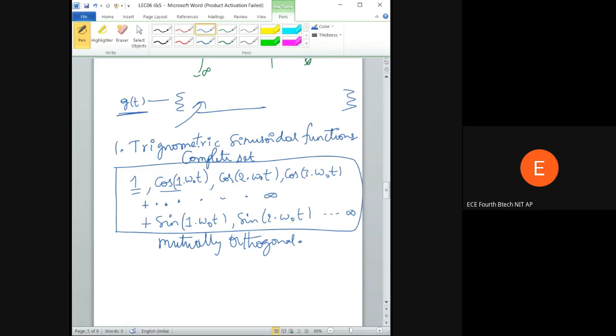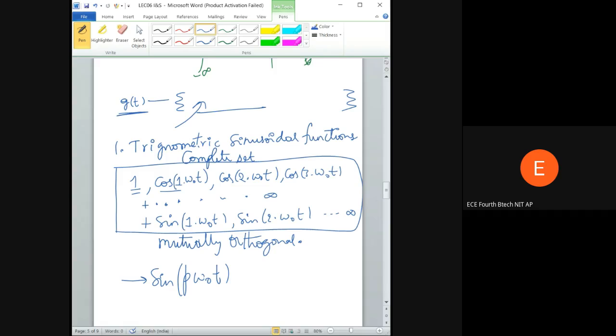Let me consider some function in this set, sine p omega naught t. Now, let us check the orthogonality condition between sine p omega naught t and all the other signals in the set except sine p omega naught t.